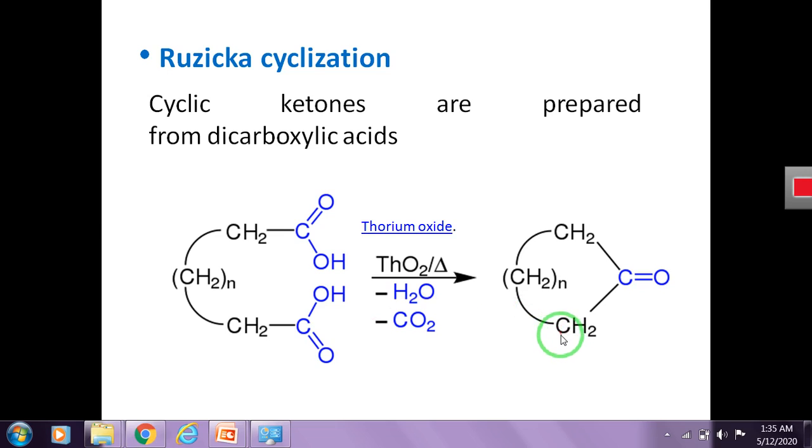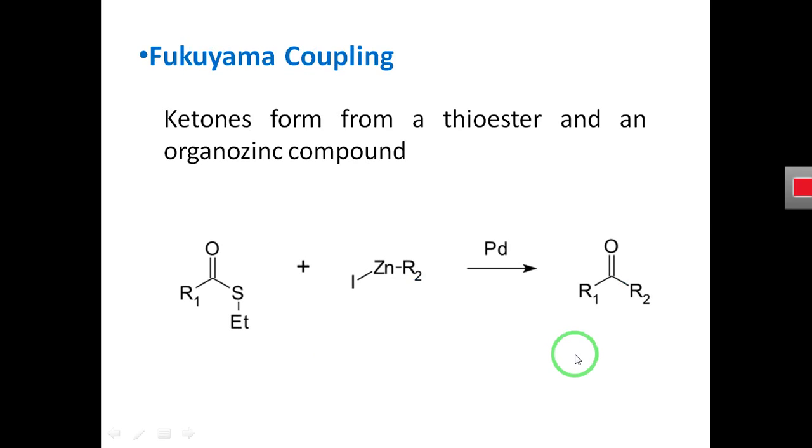So the next reaction is the Fukuyama coupling, and in this reaction we form ketones from a thioester and an organic compound. This is a thioester.